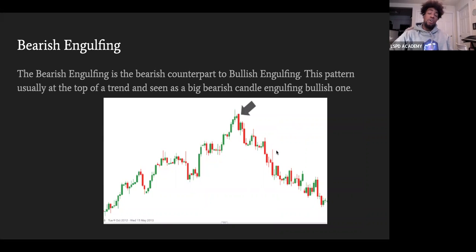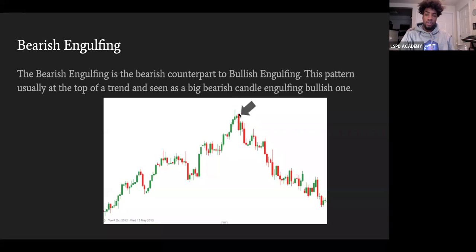Now we have our 2 candle type formation, right? And this is going to be a bearish engulfing. So a bearish engulfing is a formation where you see a strong bearish candle completely engulfing the previous one, right? If we look at this spinning top, we look at this preceding candle, we see this candle is completely engulfed within this bearish engulfing, as well as right here.